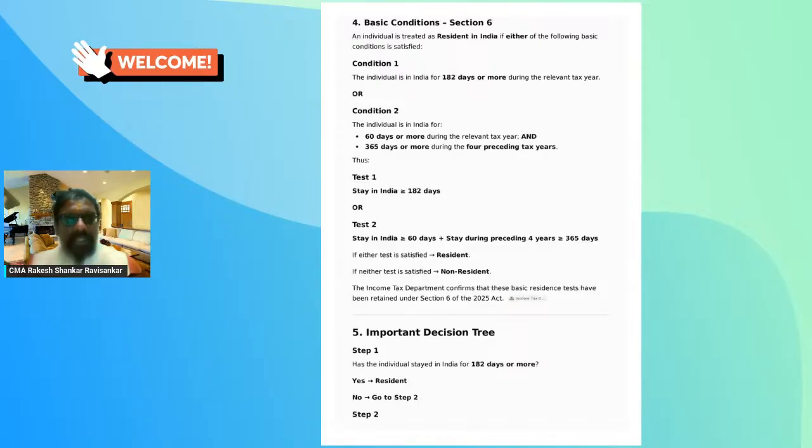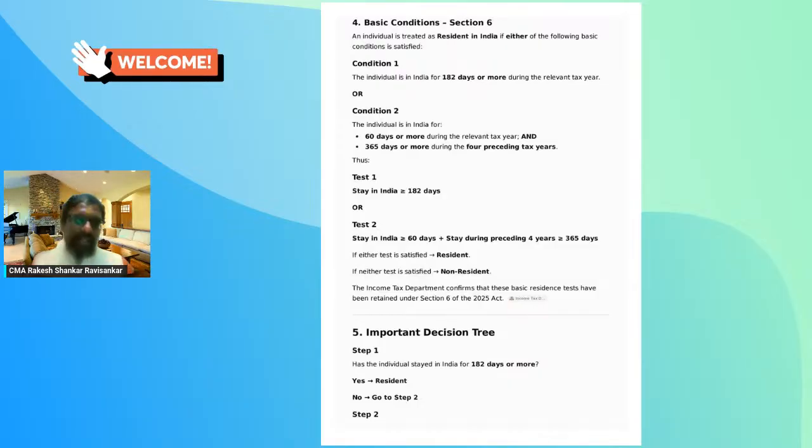The basic conditions are prescribed under Section 6. An individual is treated as a resident in India if either of the following basic conditions is satisfied: any one of condition 1 or condition 2. The first: the individual is in India for 182 days or more during the relevant tax year.